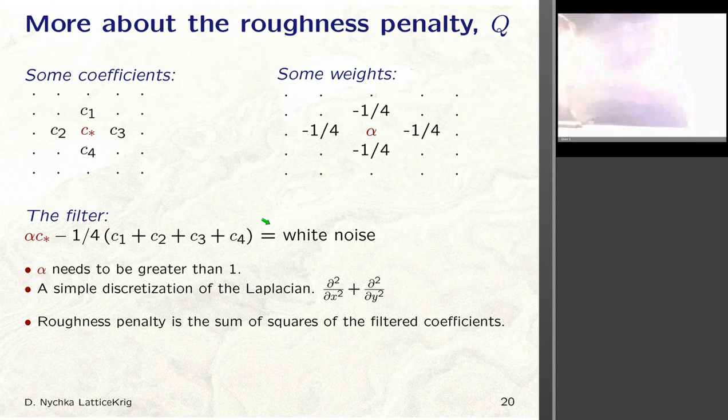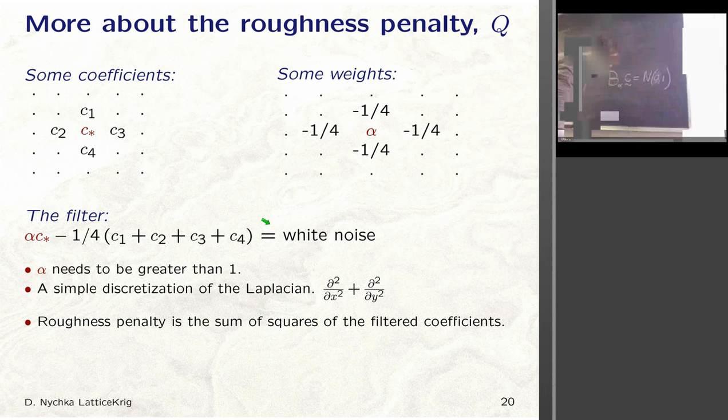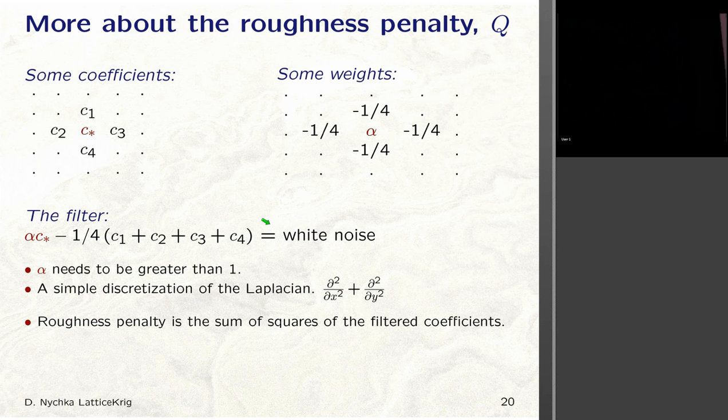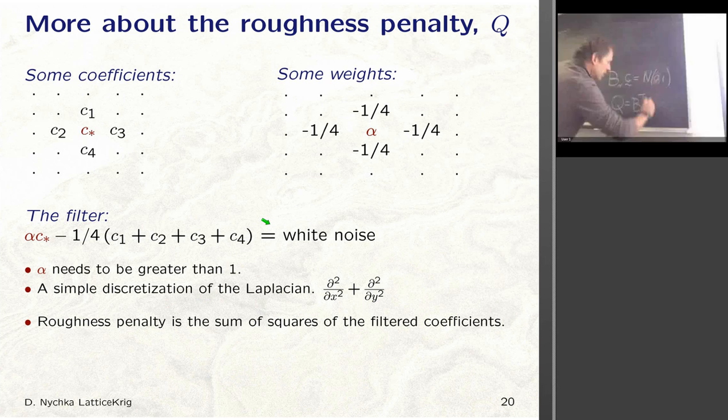The rest are 0. If you check out what the implied covariance is here, it's going to turn out to be B inverse transpose times B inverse. And so if we now say this is equal to the inverse of Q, here we end up with Q equal to B transpose B.